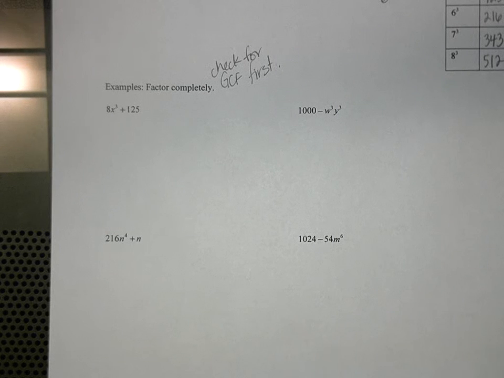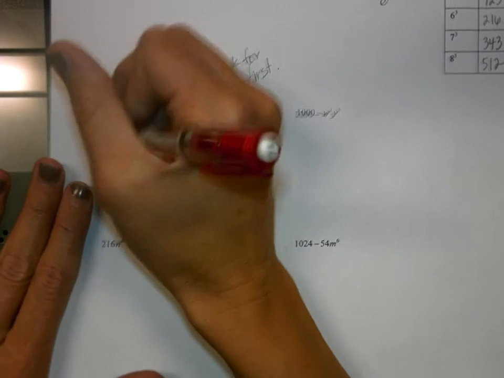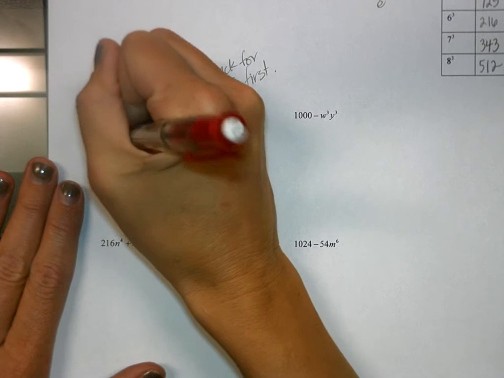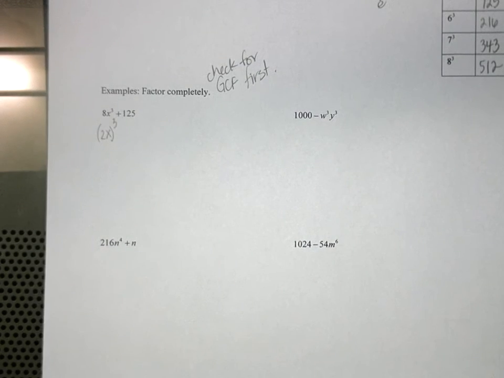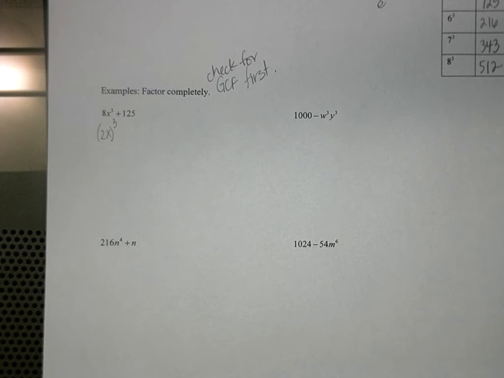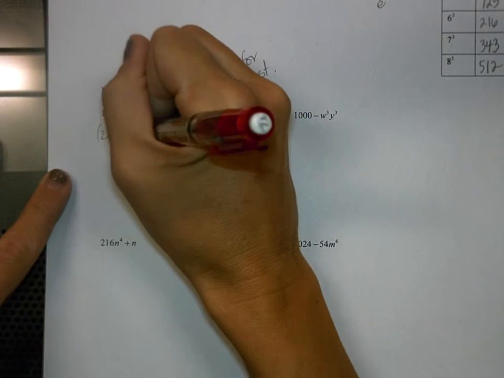No. So now we need to write them as cubes. How is 8 as a cube? Good, 2 to the third power. And so I'm going to end up writing this as 2x to the third power. So 2x ends up being my A term. Is that okay? And then 125, how could I write that as a cube?